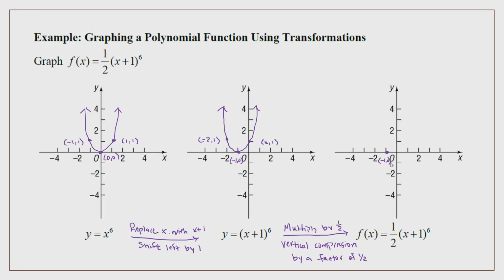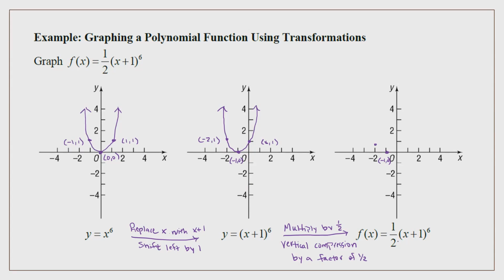My previous point (-2, 1) is going to now be (-2, 0.5). So that's going to be right here, because I'm multiplying my y that I previously had by 1/2.